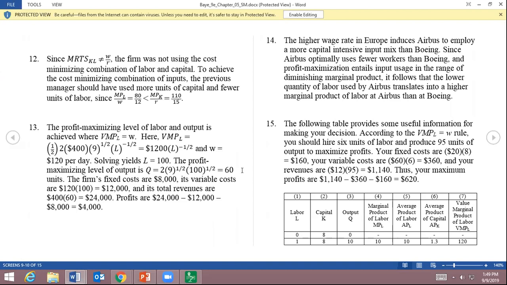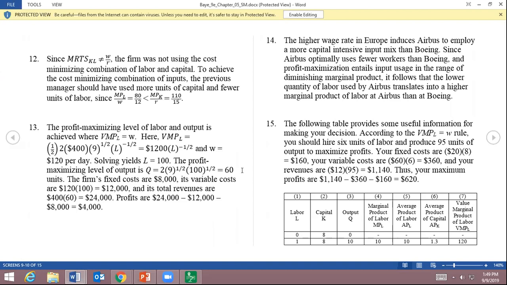So, yeah, let's just redo this. It's 400 times 60 minus the fixed costs are staying the same, right? That's 8,000. By definition, fixed costs stay the same regardless of labor. And then we're going to subtract our variable cost. This is 120 times the 100 labor, right? So this is my wage bill.